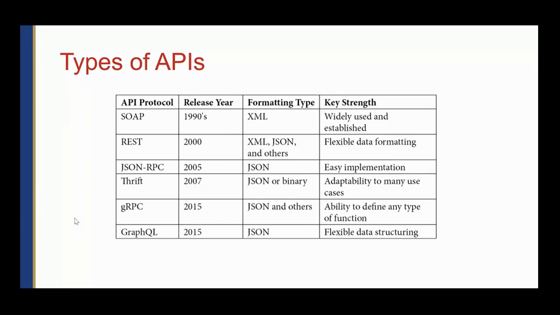REST APIs allow systems to integrate with their models over HTTP, Hypertext Transfer Protocol, and this makes it very easy to integrate machine learning models into web applications along with some other services.